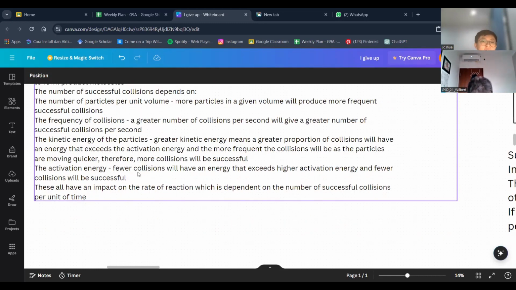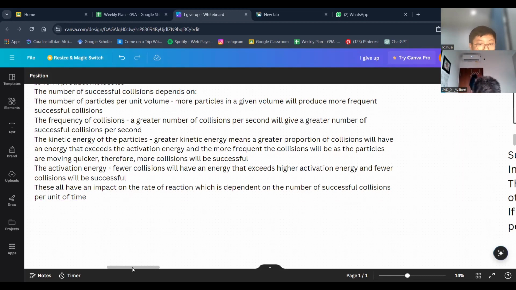Fewer collisions will have an energy that exceeds a higher activation energy, and fewer collisions will be successful. So you need to actually beat the activation energy, and this actually may need a lot of energy. To give a follow-up, an example of a substance that decreases the activation energy needed is cryolite. That is one of the few examples.